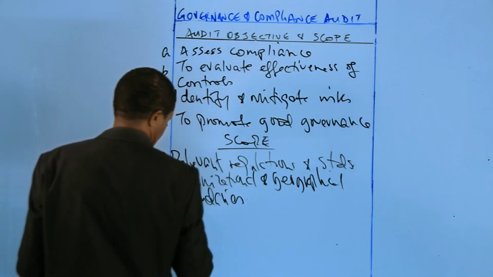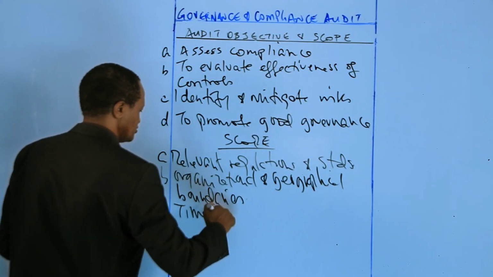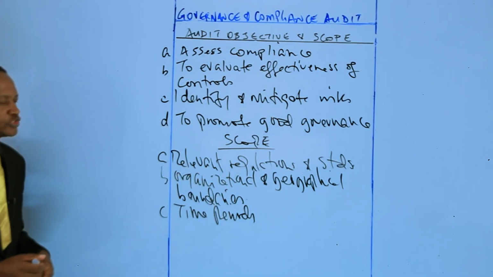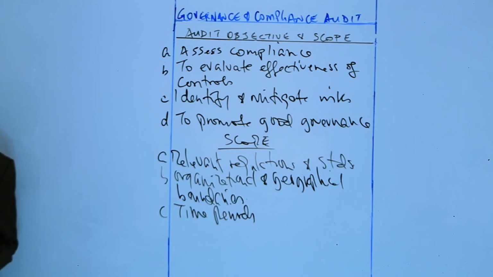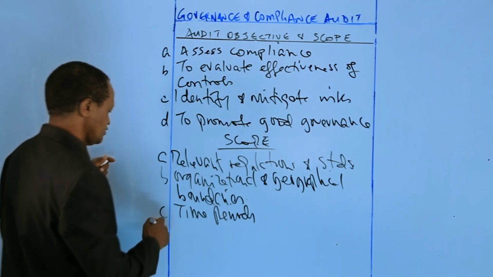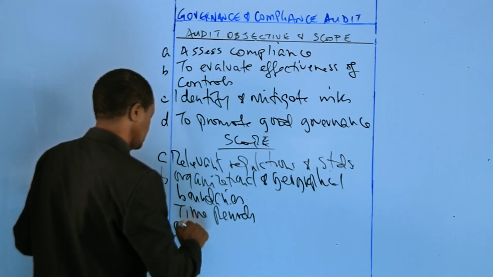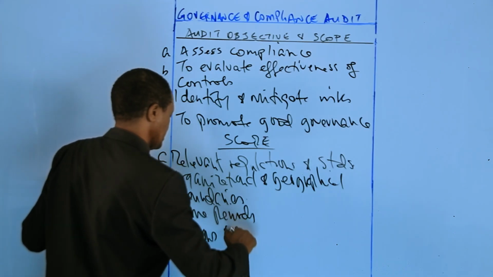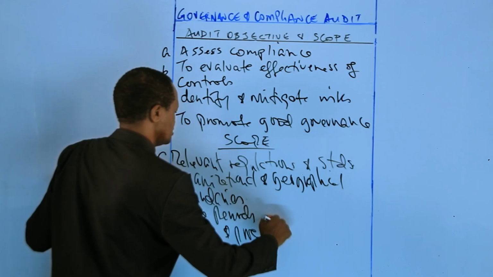Number 3, time period. The time periods also define the scope of an audit. It's important here to specify the periods the audit will cover. It could be the last fiscal year or specific quarter or a specific project timeline. Number 4, systems and processes.